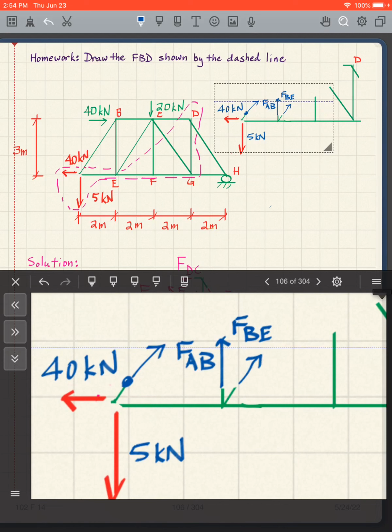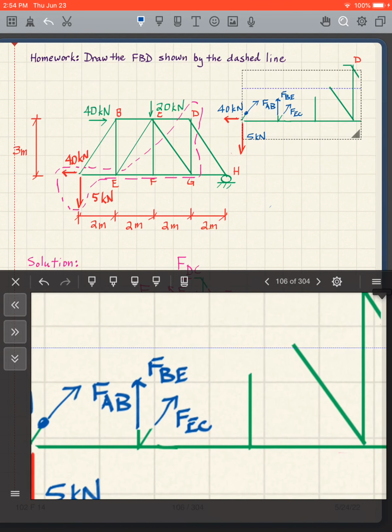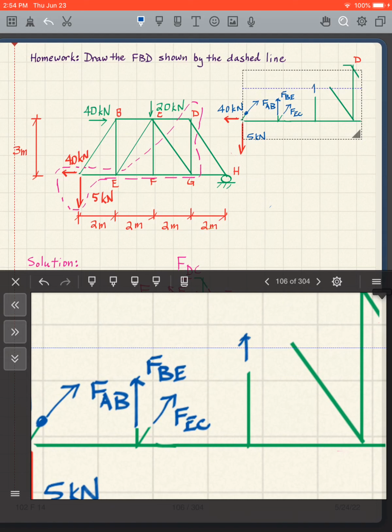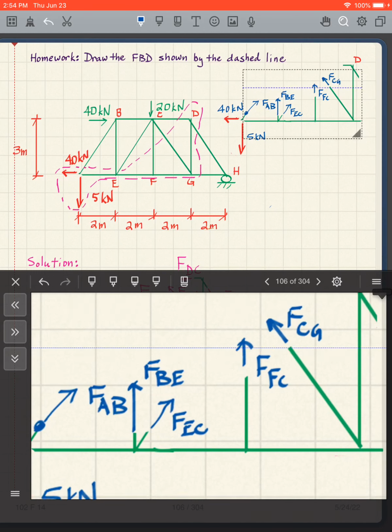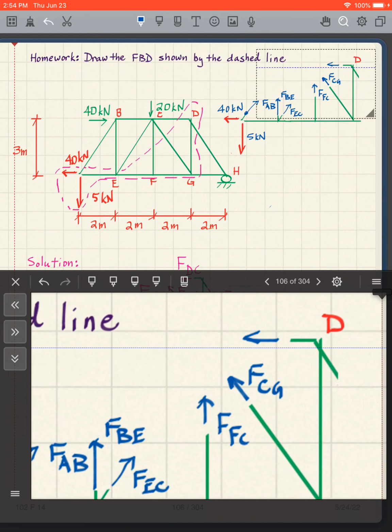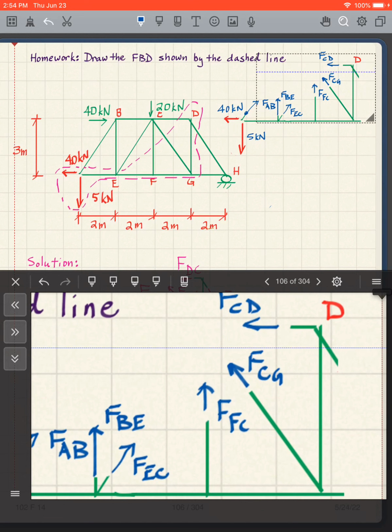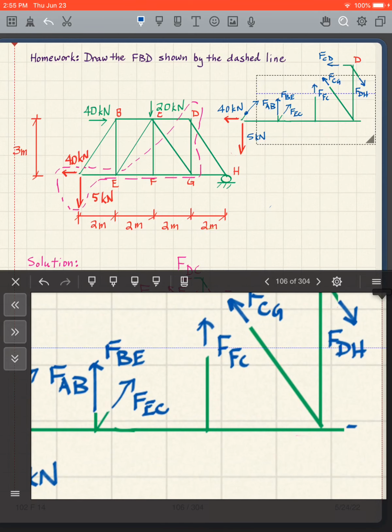This one is an FEC, and this is an FFC. And this is an FCG, and this is going to be an FCD, and an FDH, and an FGH.